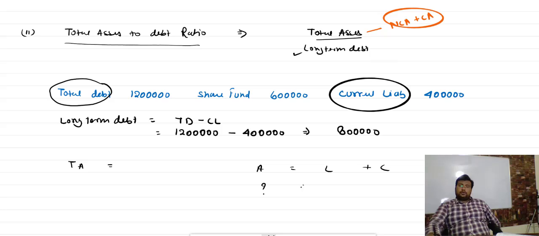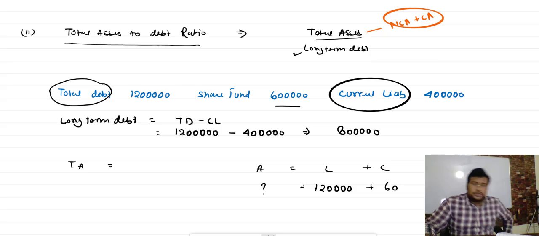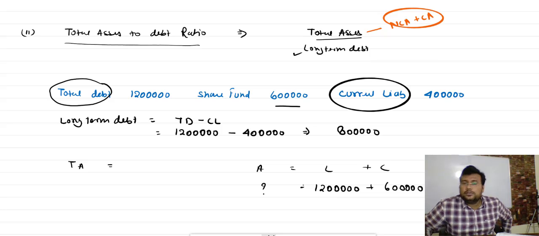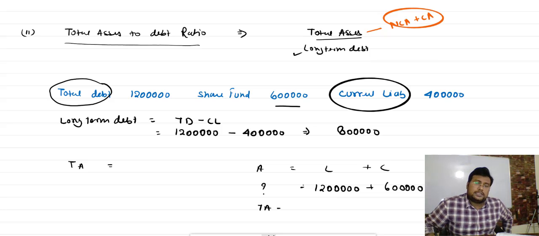Assets we do not know, but the total liability that we have is 12 lakh rupees plus capital, and the capital is how much? 6 lakh rupees. So the total assets is equal to 12 plus 6, 18 lakh.